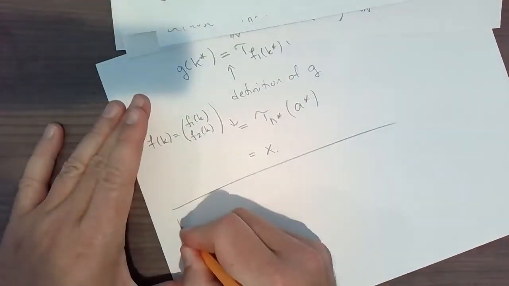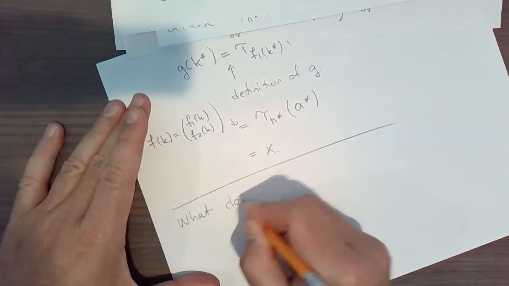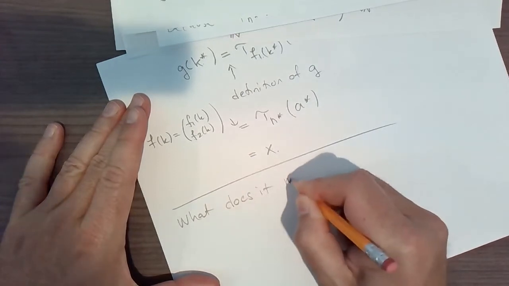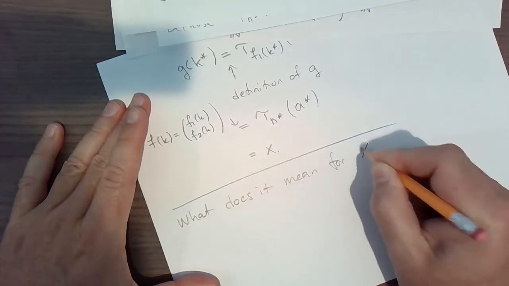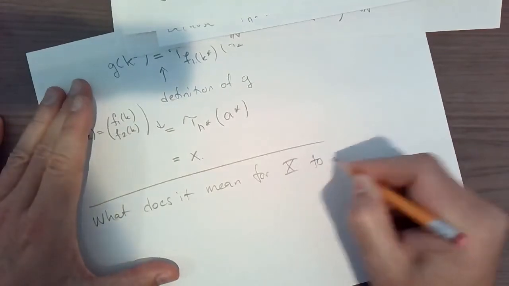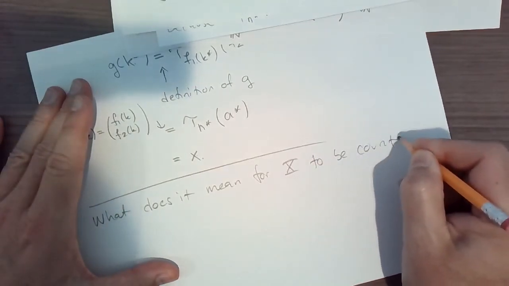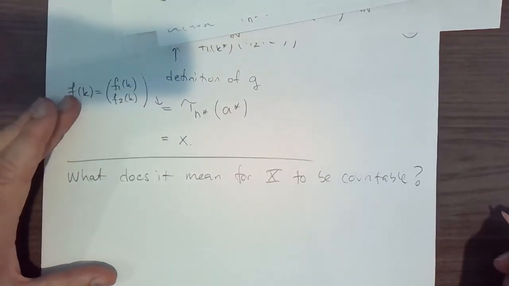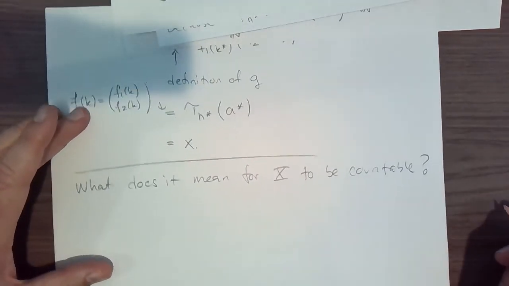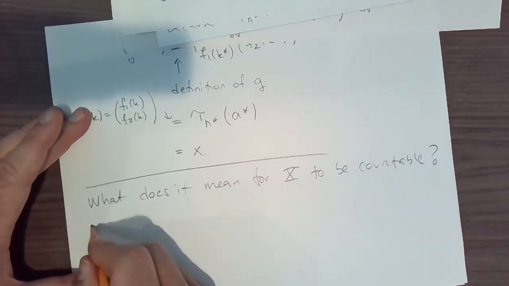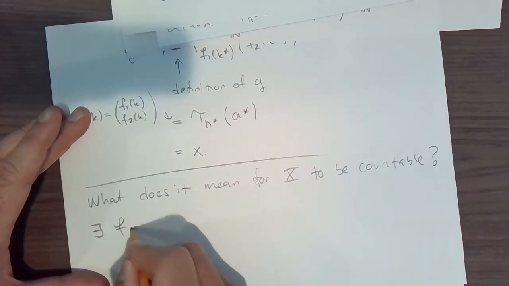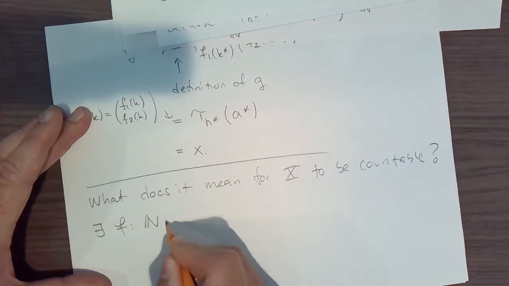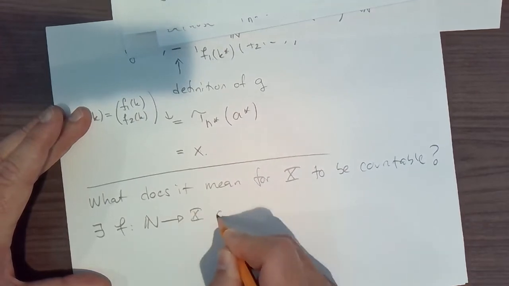Right, so maybe this was a confusion. What does it mean for X to be countable? Well, it means that there exists a function from the natural numbers over to X that is onto.